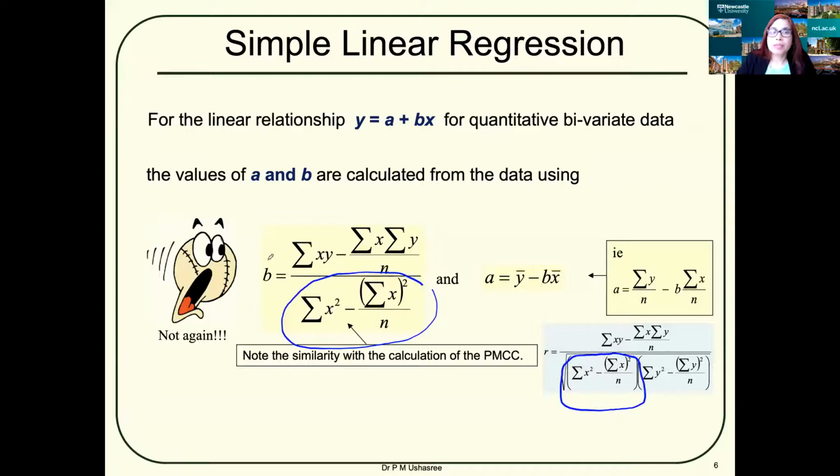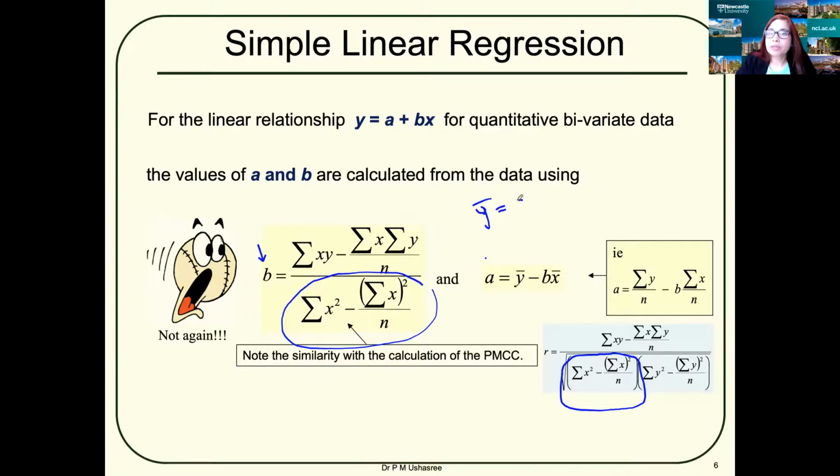Okay. So b, the slope, is given by this formula, and a is nothing but y bar minus b x bar. Remember, in week 1, y bar is the mean of the data y, that is the mean of the cholesterol level, for example.